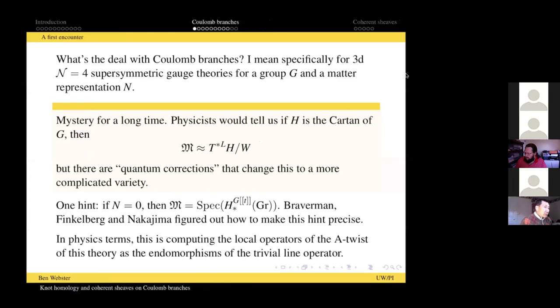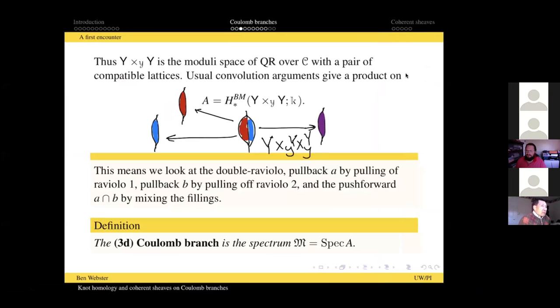The reason you get something commutative is basically the Eckmann-Hilton argument: this picture with the double raviolo, you can think of that as really like you have a disk and you puncture it twice, and you can move the two things around each other. So that's why you get a commutative algebra.